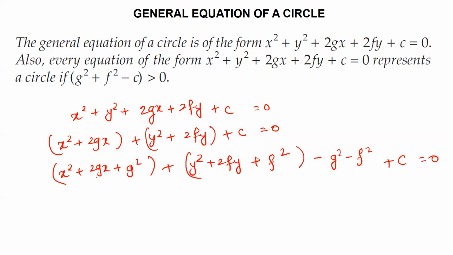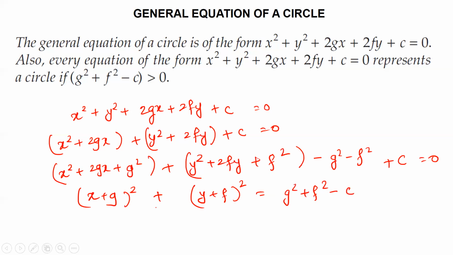And plus c is equal to 0. Now you see that this is a whole square. I can write this as x plus g the whole squared, and I can write this as y plus f the whole squared, and then I can write all these other terms on the other side: g squared plus f squared minus c.